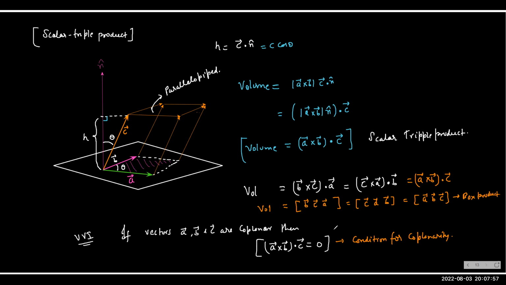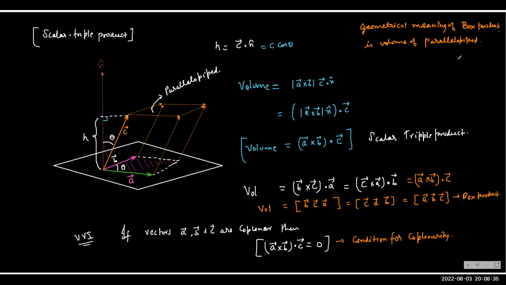So the geometrical meaning of triple product is volume of a parallelepiped. So I just mention here: geometrical meaning of box product is volume of parallelepiped.